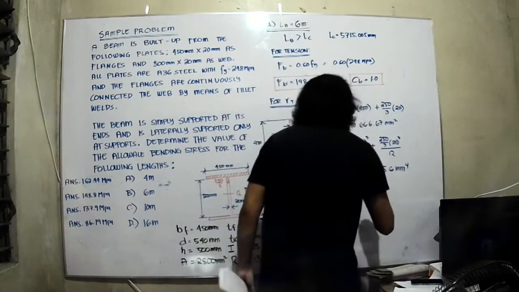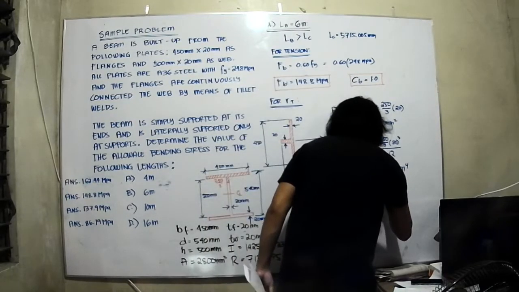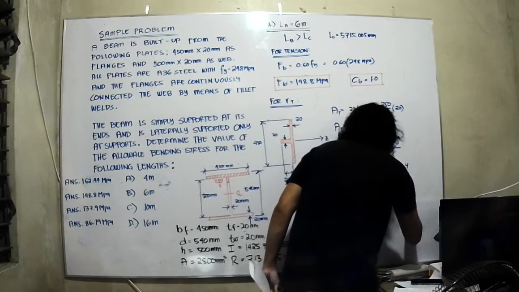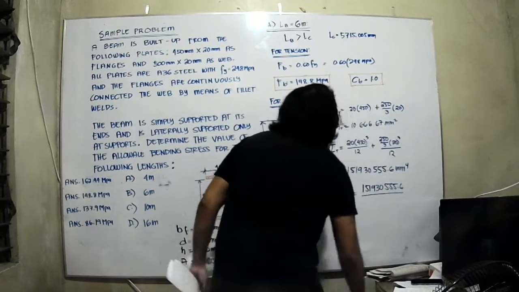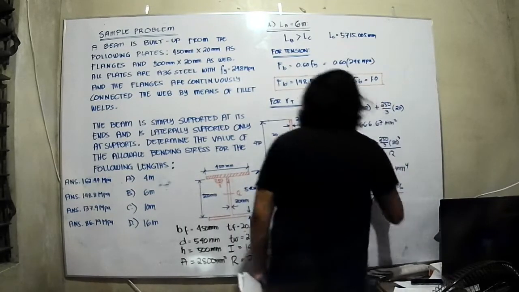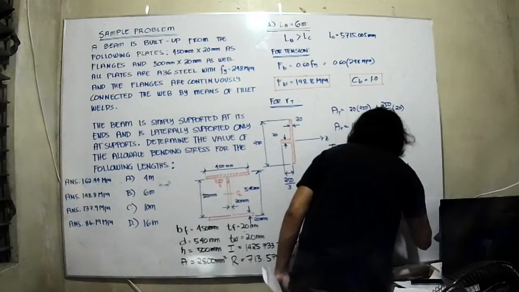So, that is equal to 1519.30. 555.6 divided by 10.66, 1066.67.